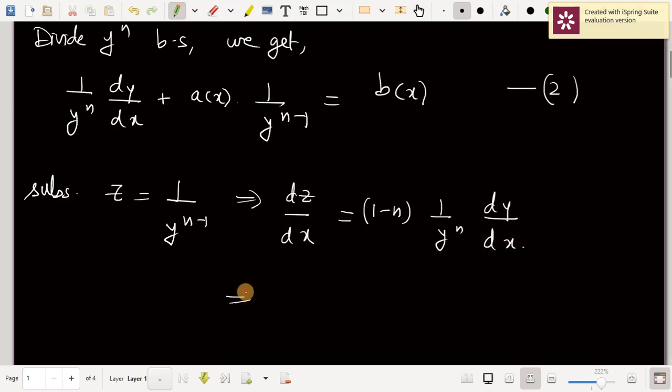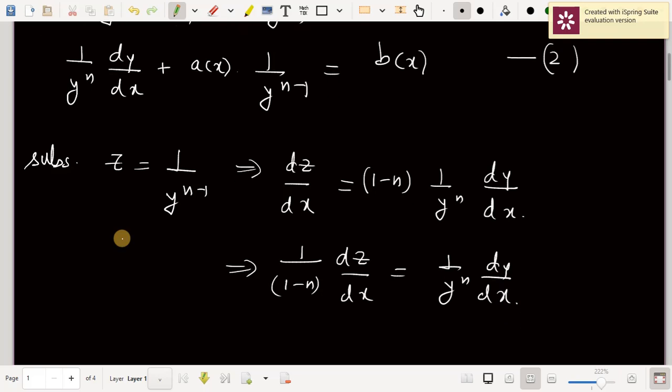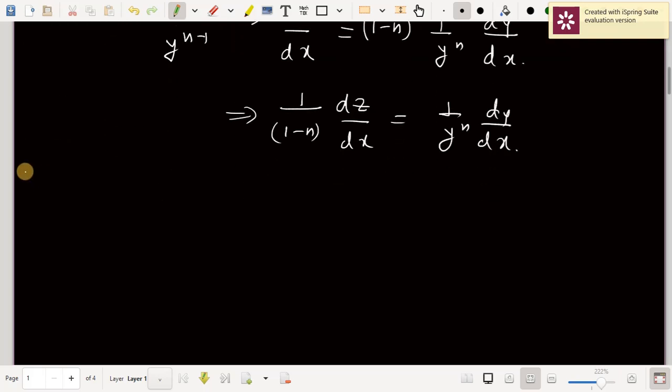This in turn gives us that the term 1 by y raised to n dy by dx is the same as 1 upon 1 minus n into dz by dx.